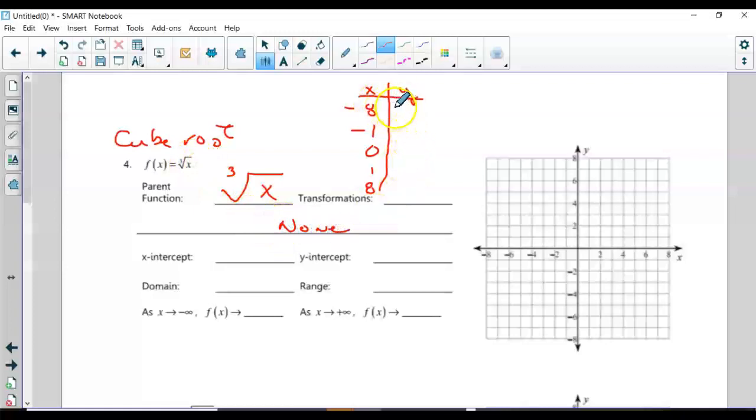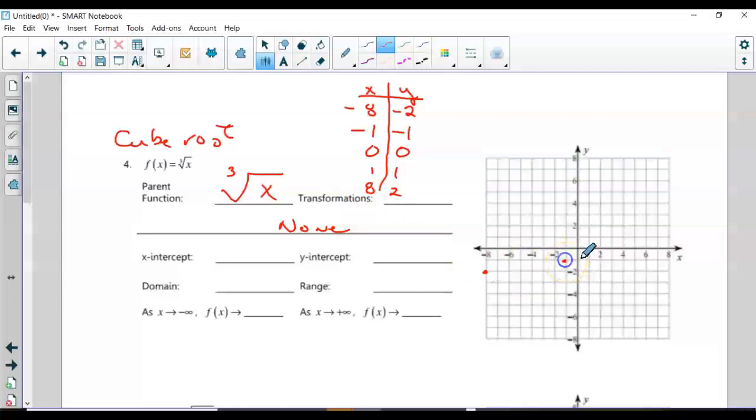So negative 2 times itself 3 times will give me negative 8. Negative 1 times itself 3 times gives me negative 1. 0 is just 0. So this is going to be positive 1 and positive 2. So let's put these points on the graph. Negative 8, 2.